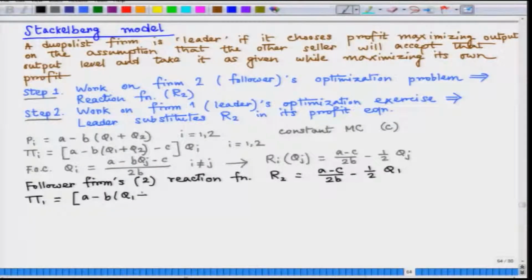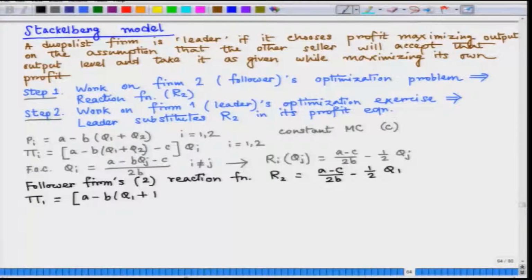Note that it will not write Q2 here anymore, because it now knows that if it chooses some output level Q1 tilde, how its opponent firm 2 is going to choose its output level, and that is through the reaction function.